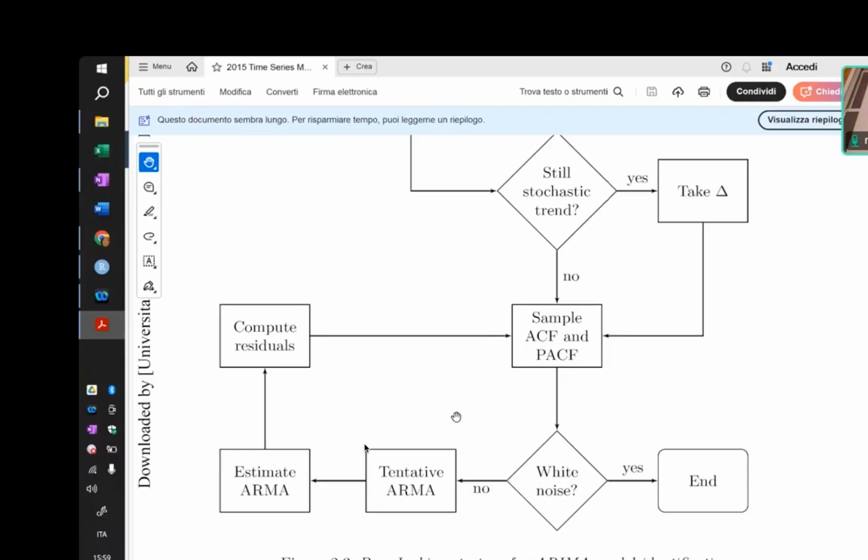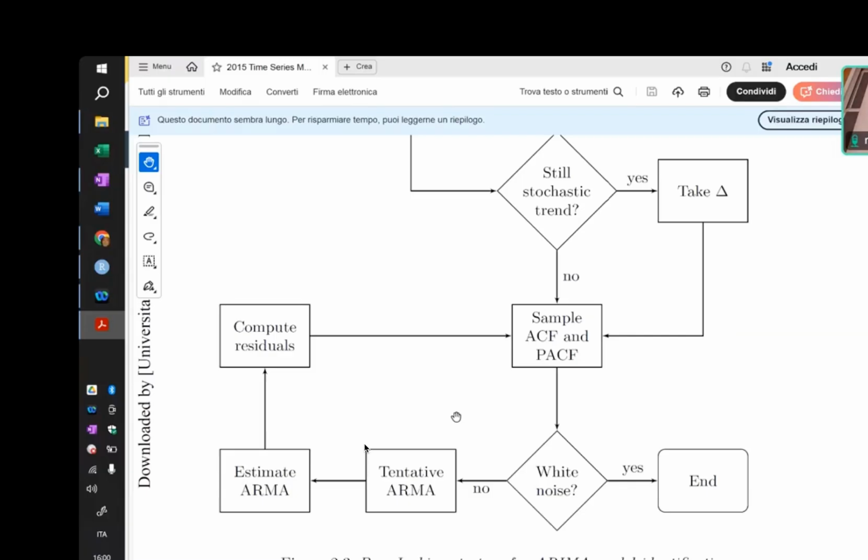I told you how the ACF and PACF look for an autoregressive process, how they look for a moving average process, but I didn't show you how they look for the seasonal version of them, and especially for the mixture of a seasonal and non-seasonal ARMA process. We check that now, and then we are able to start modeling.